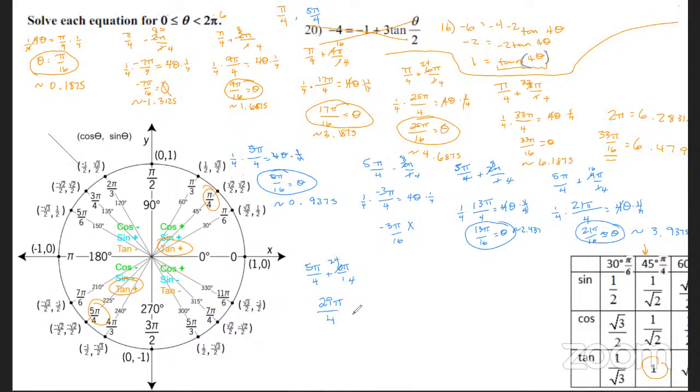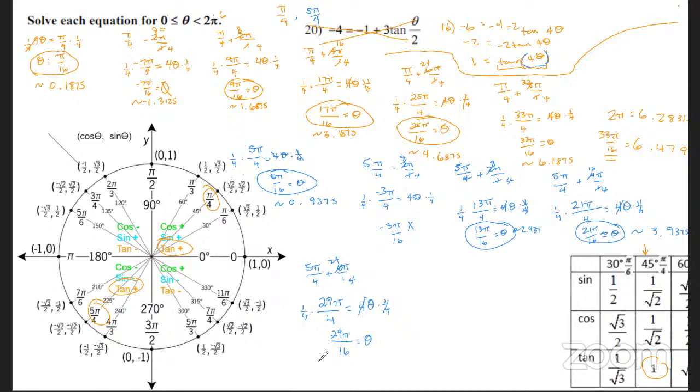Okay, 29 pi over 4, set it equal to our 4 theta, which again we got from up here. Now we're going to solve for theta times 1 over 4. These are going to cancel out, and we're going to have 29 pi over 16 equal to theta.